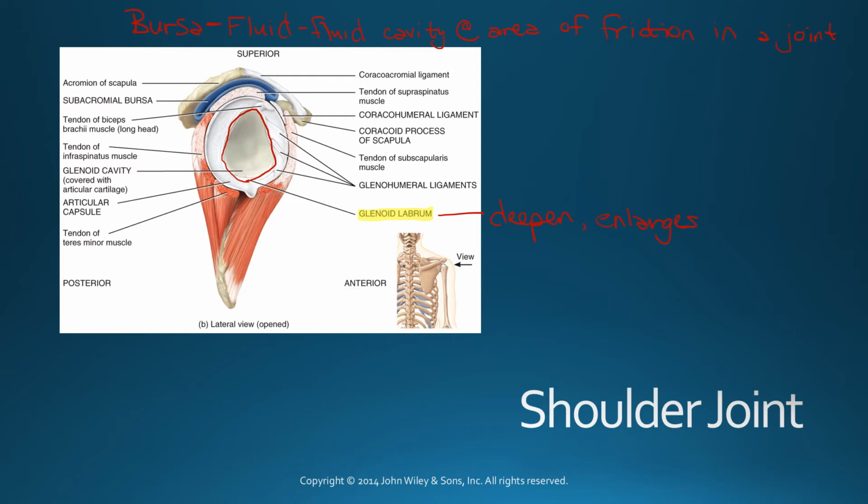They are the subscapular bursa, the subdeltoid bursa, the subacromial bursa, and the subcoracoid bursa.